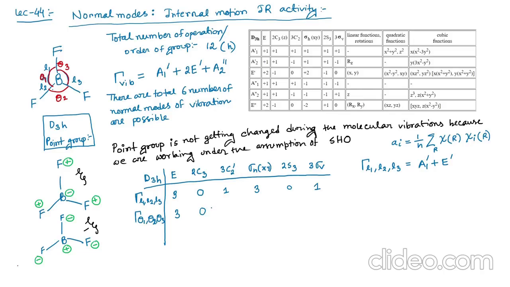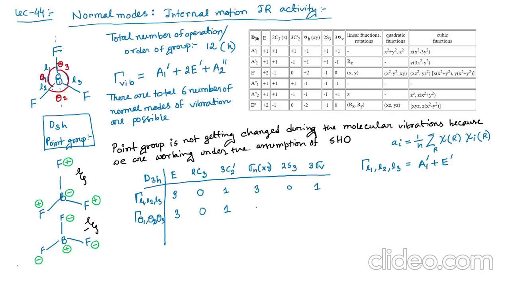What about C2'? During C2', suppose I am considering only theta 2 and it is passing through this BF bond. Now theta 2 is going to be the same, but theta 1 and theta 3 are going to interchange their place. The angle has no change; it is not like it is minus theta 2, theta 2 is going to be the same, so only theta 2 contributes to that particular character.